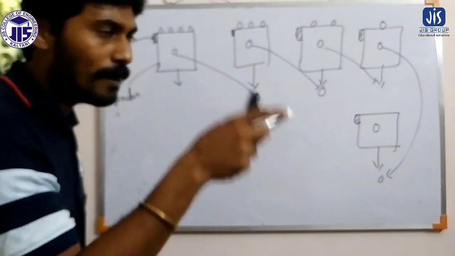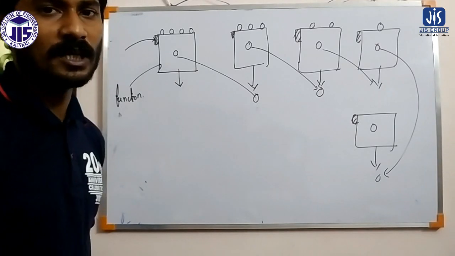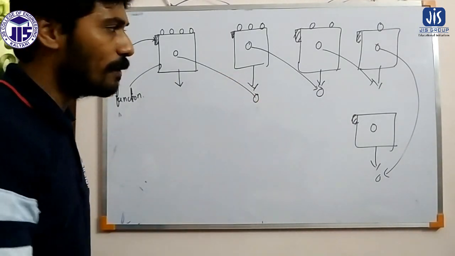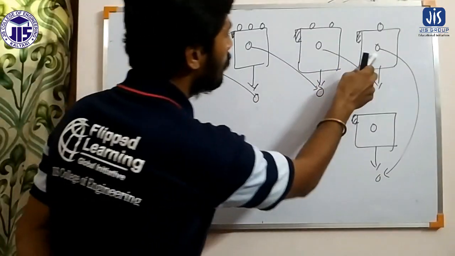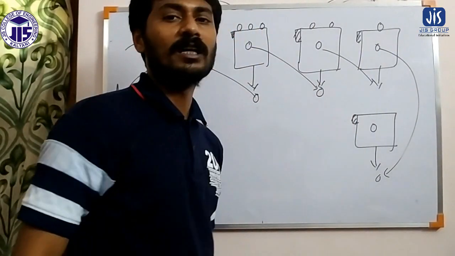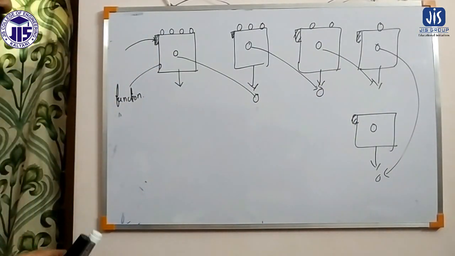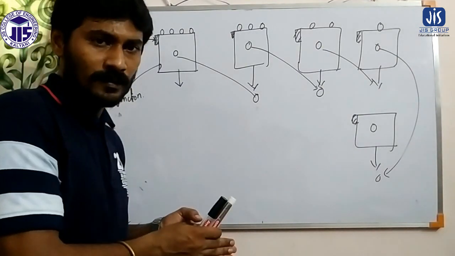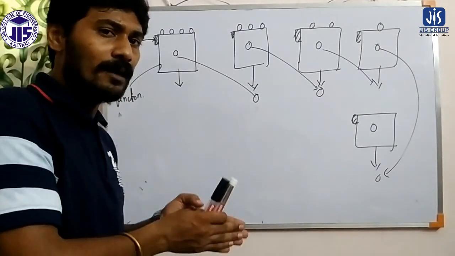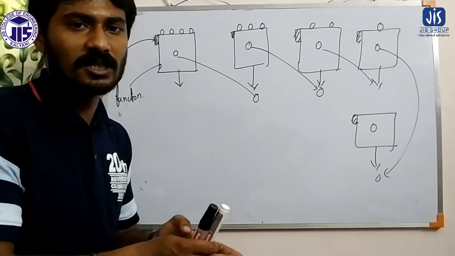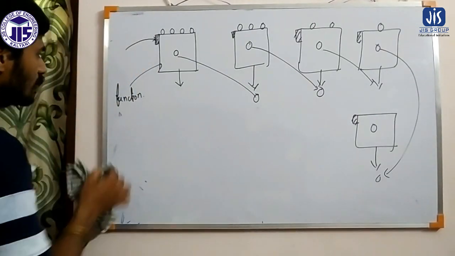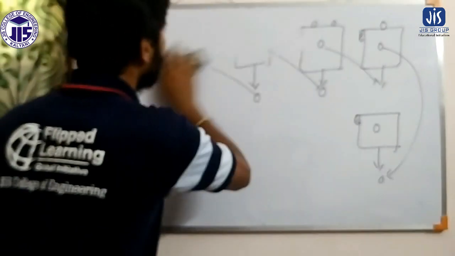As soon as we press the button, it is repeating the previous function. So that is called recursion. When a function repeats itself, that is called recursion. In programming, how we represent it is like this.